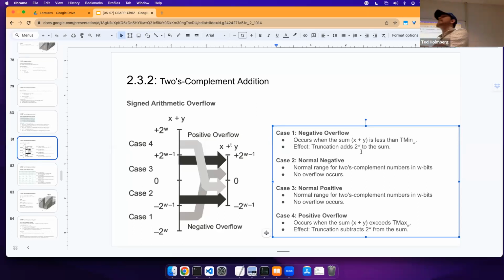So I'm adding something to my total so that instead of being too negative, it picks it up so it falls within my encodable range. Or if it's too positive, I'm going to subtract from it 2 to the power of w.